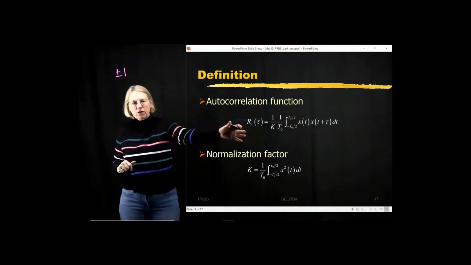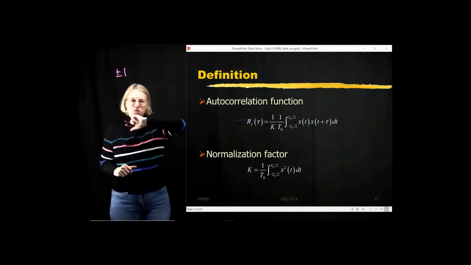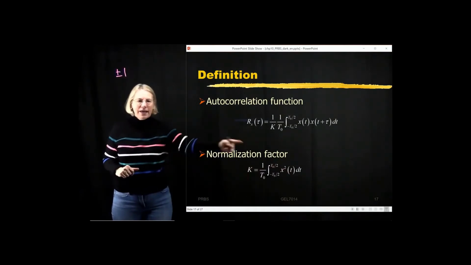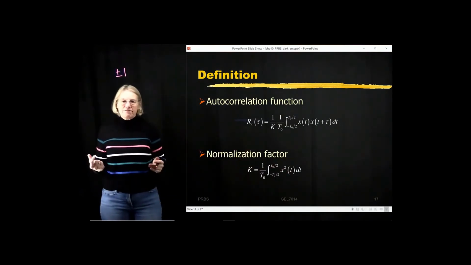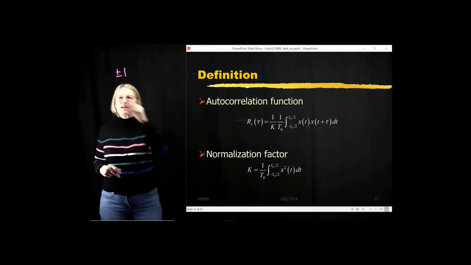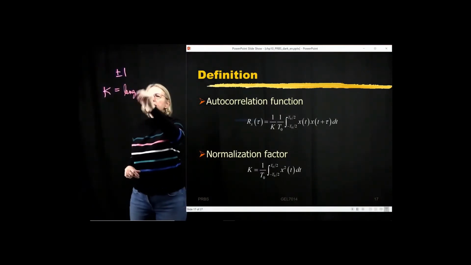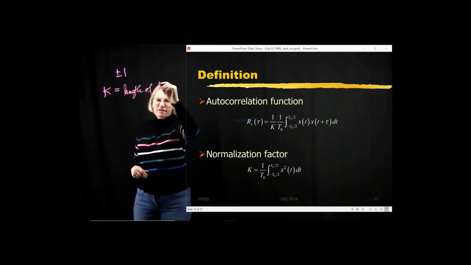When I do the autocorrelation function, I square them. So if it's a 1 or a minus 1, it always comes out to a 1. And I integrate over it. So basically, if I'm talking about discrete bits, in that case, the normalization factor would just be equal to the length of the sequence.